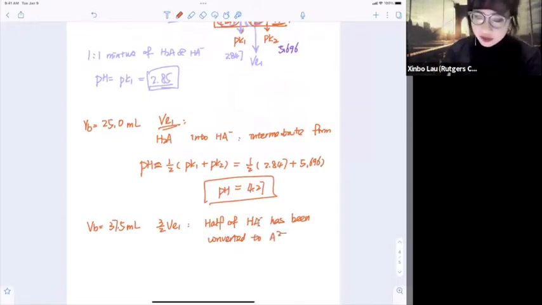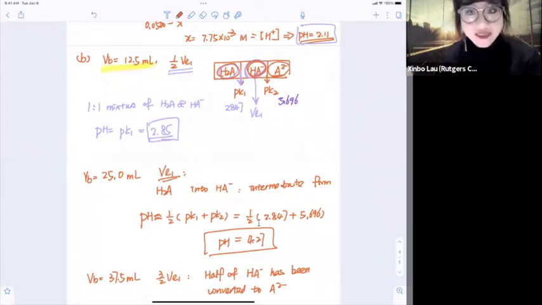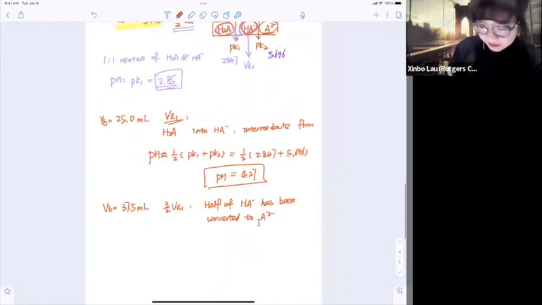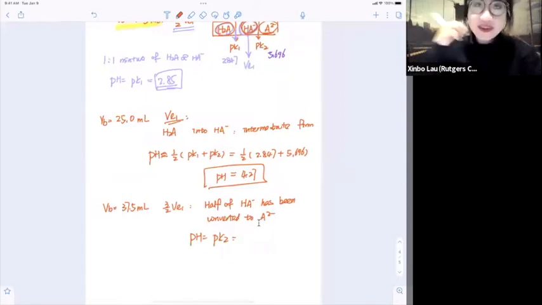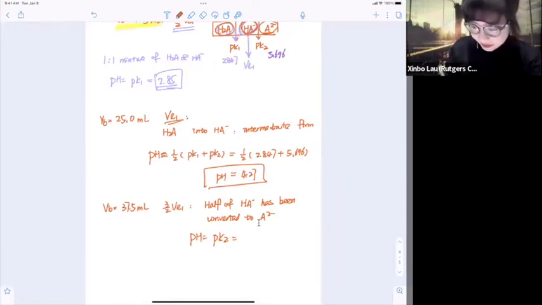So if half of this converted to that, you have a 1-to-1 ratio of HA minus and A2 minus. We'll have another landmark. Over here, pH equals pK2, because it's a 1-to-1 ratio, remember, log of 1 equals 0. pH equals pK2 at this point. That's easy, right? This is 5.70.